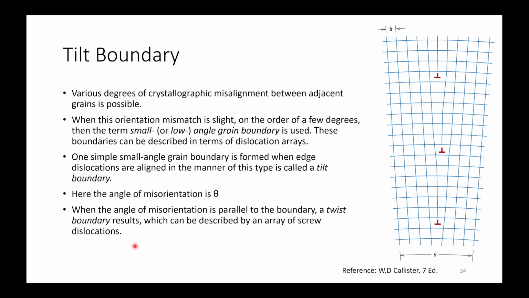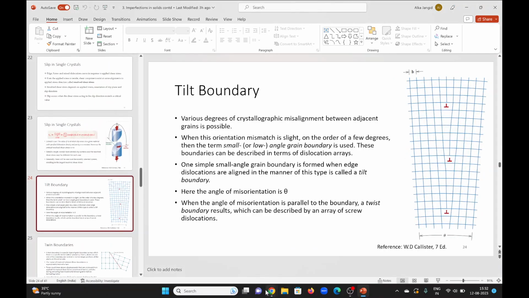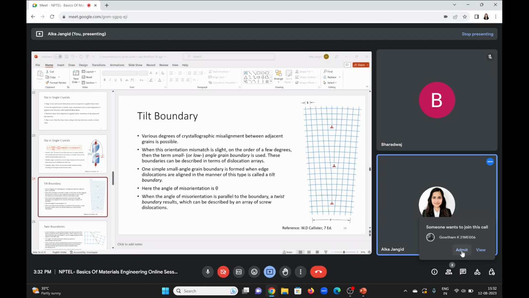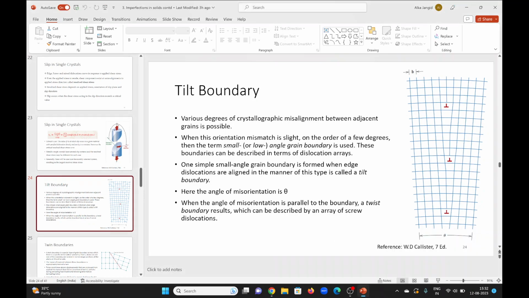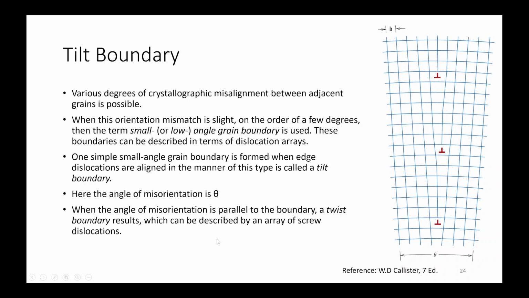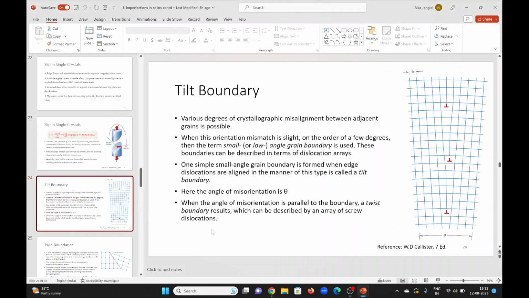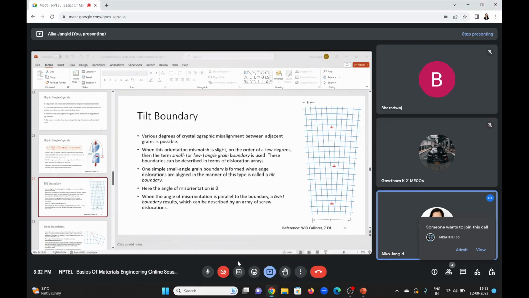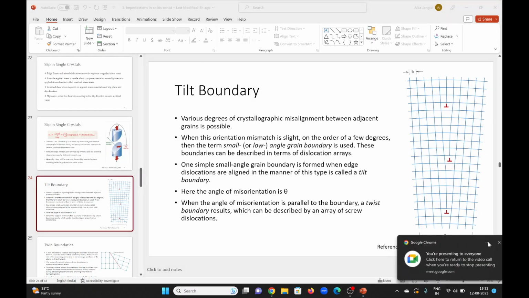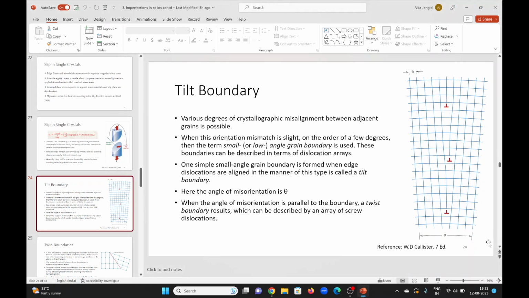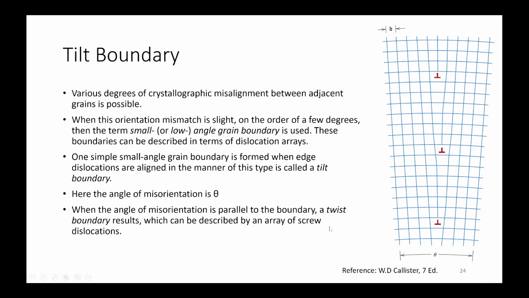Now, next is tilt boundary. Various degrees of crystallographic misalignment between adjacent grains are possible.